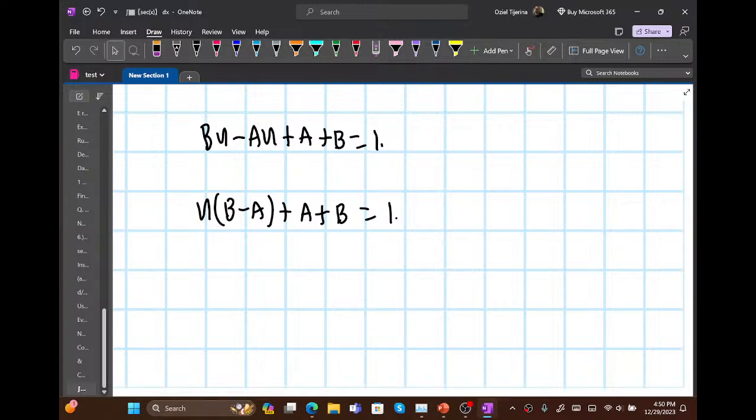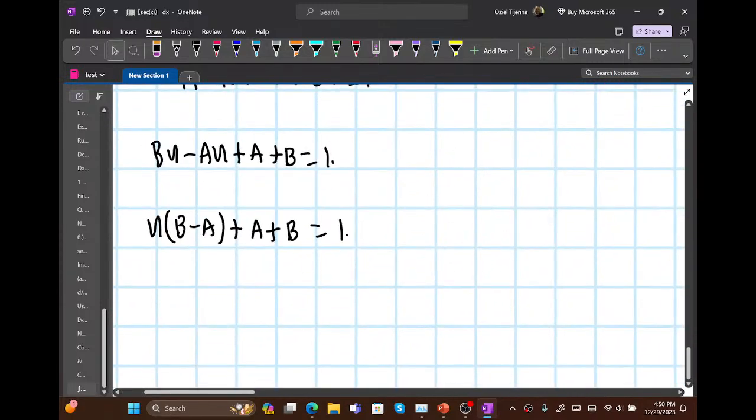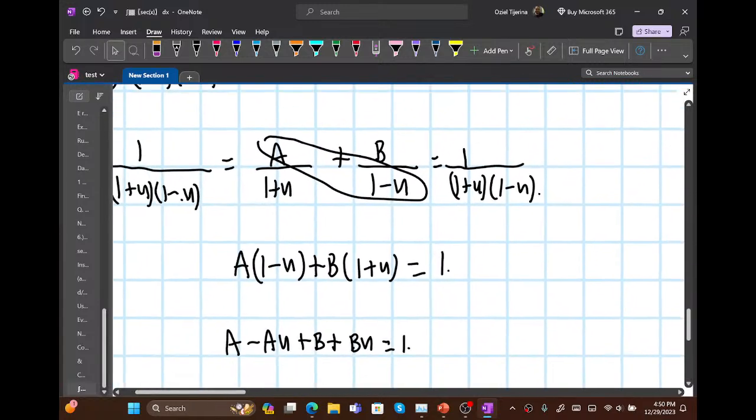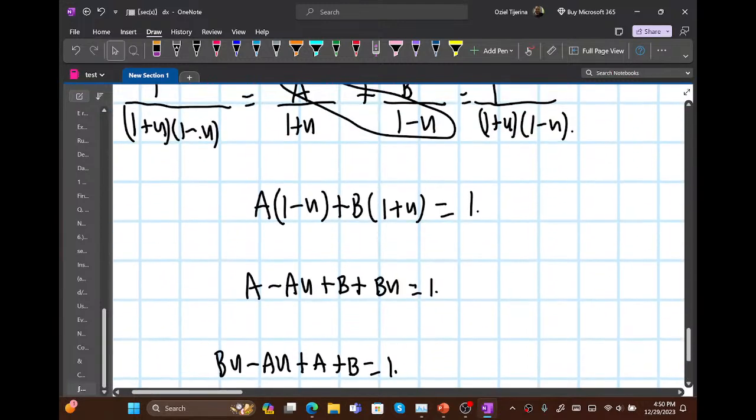Yeah, this is why I hate partial fraction decomposition. It's really hard. I know how to do it whenever you make u equal to 1, u equal to -1, and so on and so forth. But I don't know.